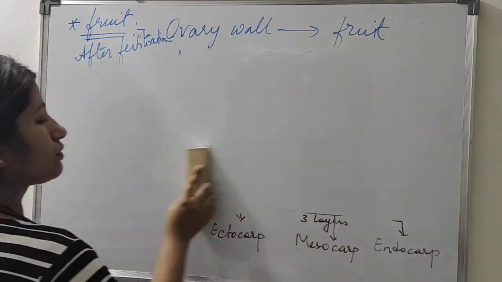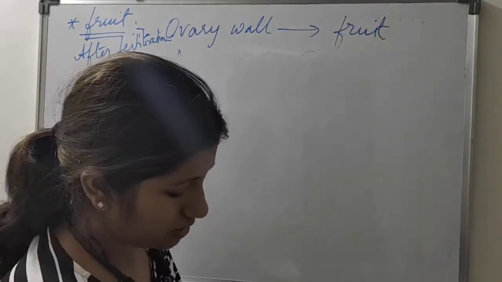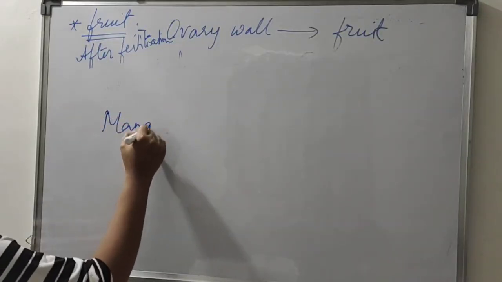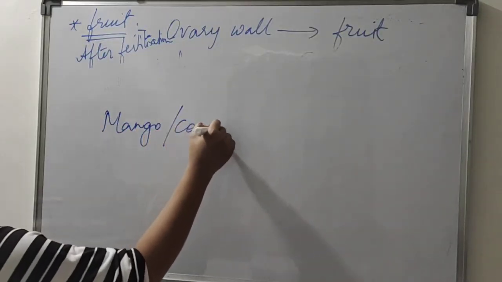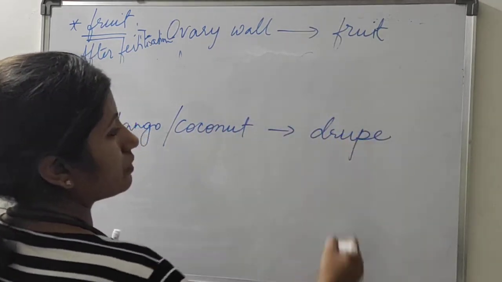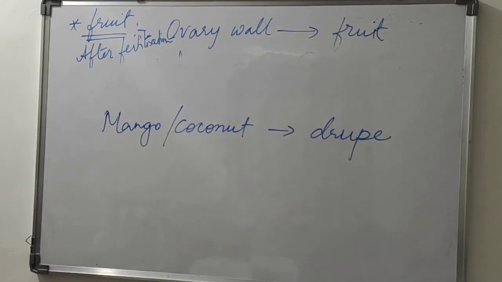In case of mango and coconut, the fruits are known as drupe.